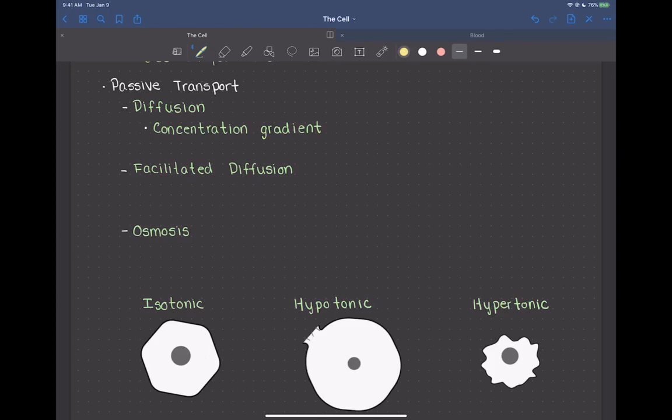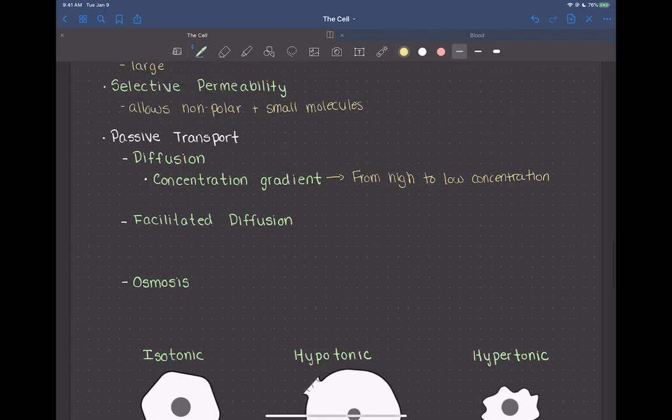And so with diffusion, substances are going to move from high to low concentration. Think about our waterfall example.